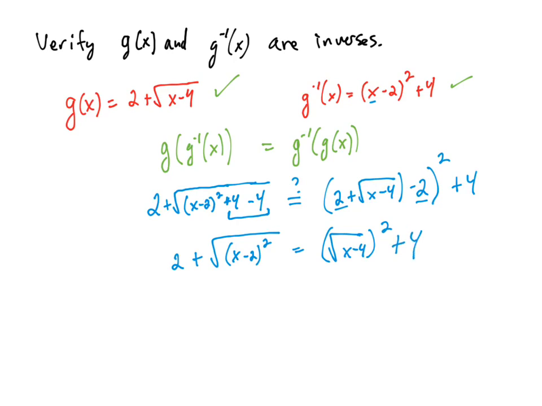On the left side, the square root of a square is just x minus 2. And 2 plus that, we just get x. On the right-hand side, when we square a radical, we just get the radicand, x minus 4 plus 4. We're left with just x. So those are the same. And because those are the same, we have done this verification.